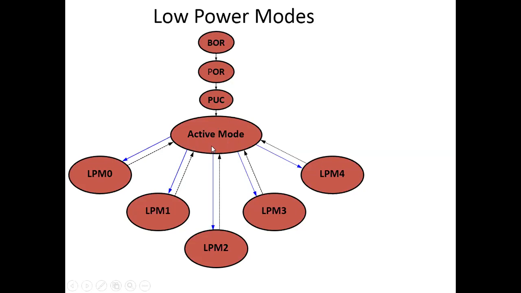In active mode, it uses all of the peripherals available in the controller. Hence, it is going to consume more power or more current. Based on our need, it may change to any of the low power modes, from low power mode 0 and low power mode 1 up to low power mode 4.